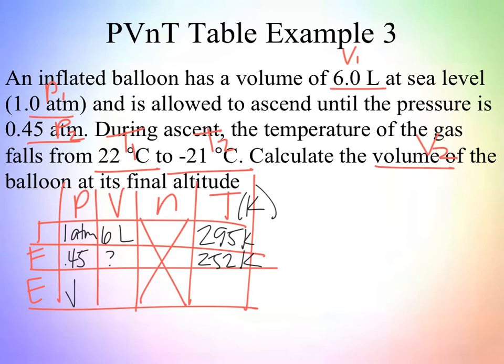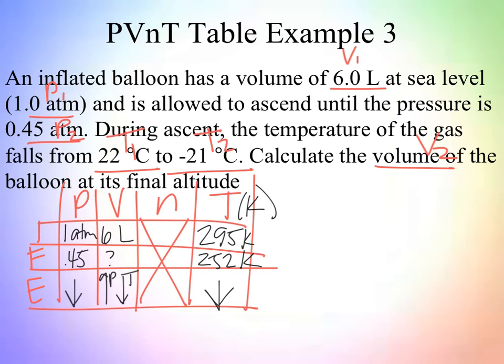Pressure went down, so if pressure goes down, what happens to volume? Well, these are inverse, so volume will go up due to pressure. Then temperature is going down. If temperature is going down, what happens to volume? Volume will go down, right? Those are direct. So now notice we have 2 relationships in this effect row.